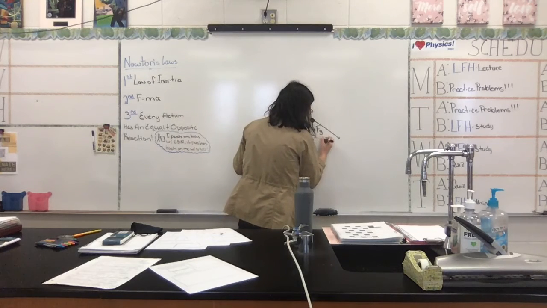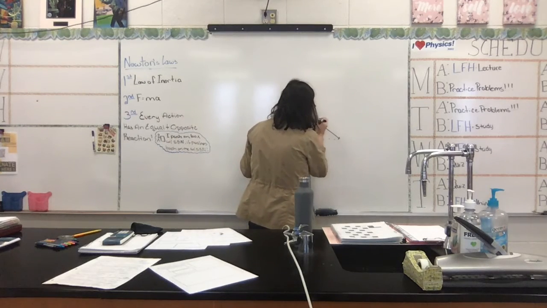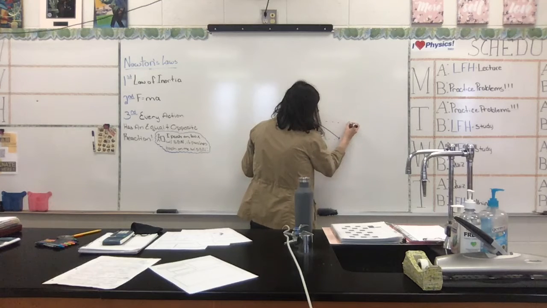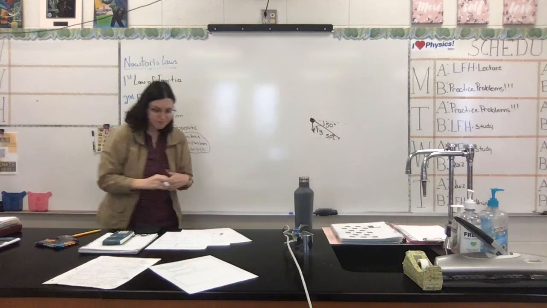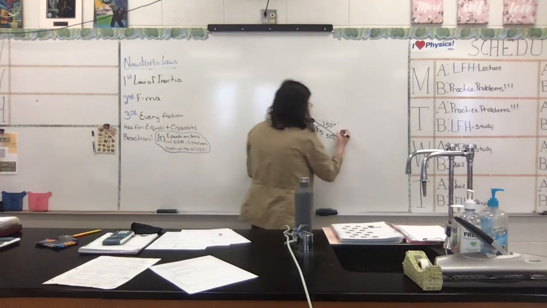So it makes an angle of 50 degrees with the floor, which means it's 50 degrees from the horizontal. Okay? And it says he's pushing with a 5 Newton force.